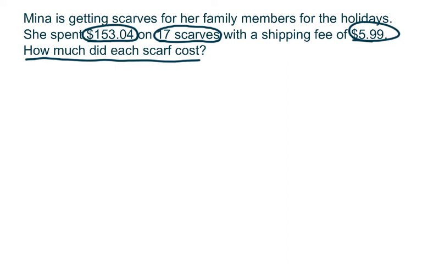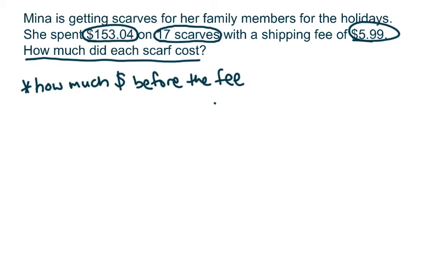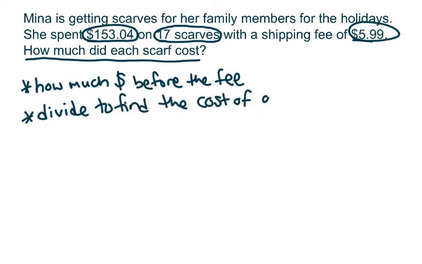Assuming that the shipping fee was added on, we need to know how much of the money it was before the shipping fee, assuming that the $5.99 was already a part of the $153.04. We also need to divide to find the cost of a scarf.